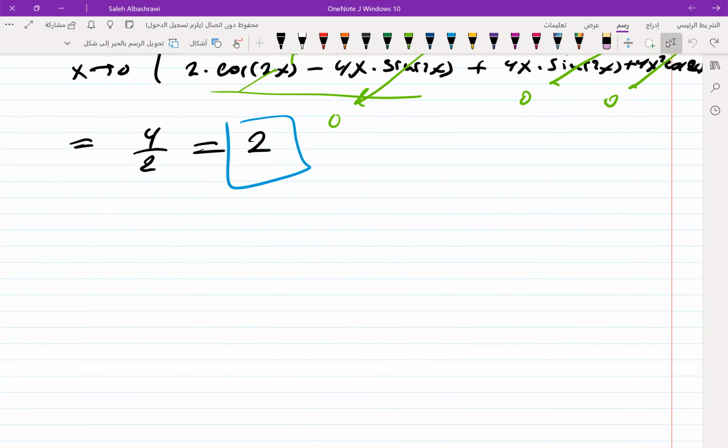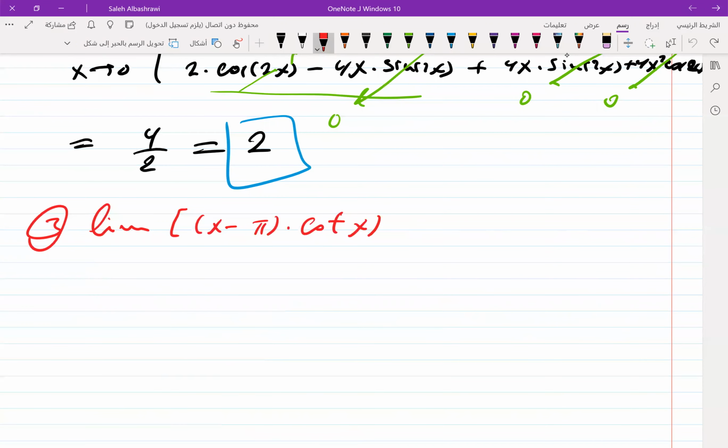Example number 3. Let's find the limit of the function (x minus pi) multiplied by cotangent x, where x goes to pi.